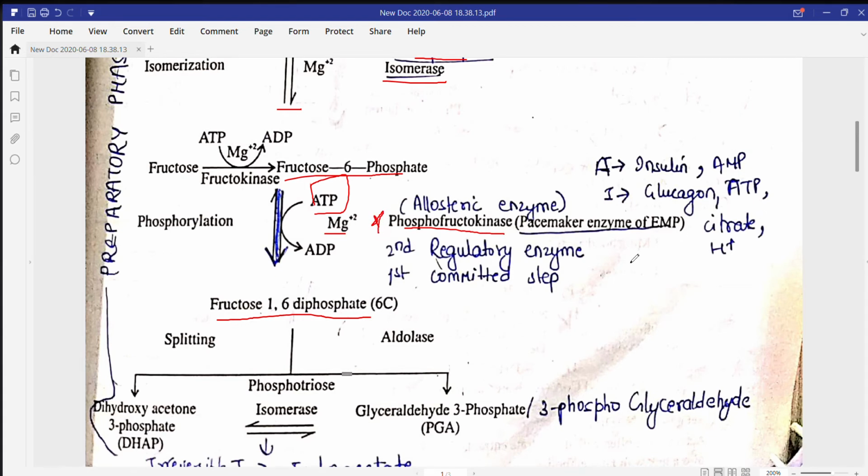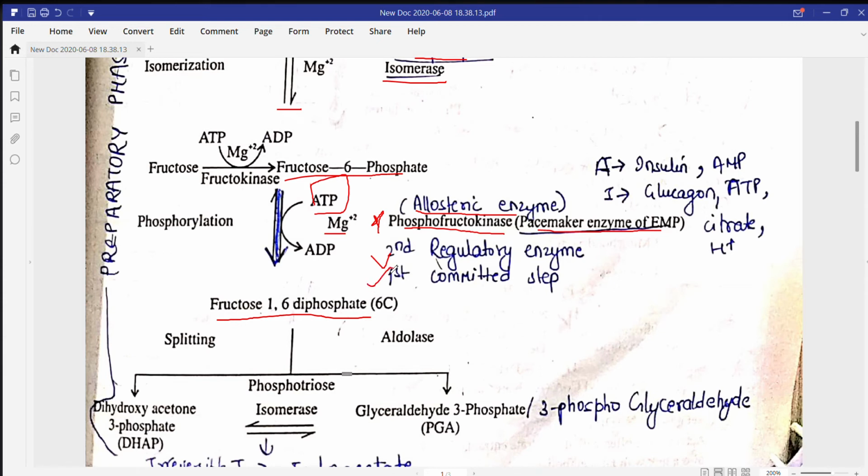Phosphofructokinase is also called the pacemaker enzyme of glycolysis. It is also an allosteric enzyme like hexokinase. This is the second regulatory step; the first one is the first step. And this is the first committed step.